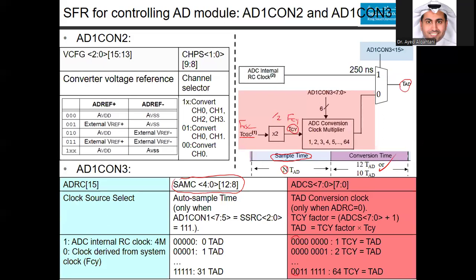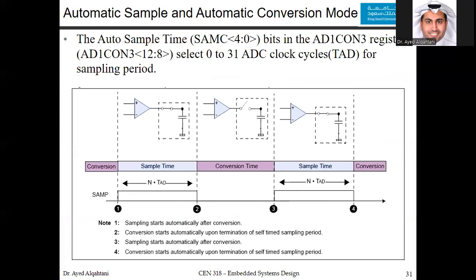Now, once you decide or specify all the special function registers for the analog to digital converter, we can look more at this figure. Now, the automatic sampling and the automatic conversion mode, the auto sample time, or the SAMC bits in the control register number 3, select from 0 to 31 ADC clock cycles, or the TAD.